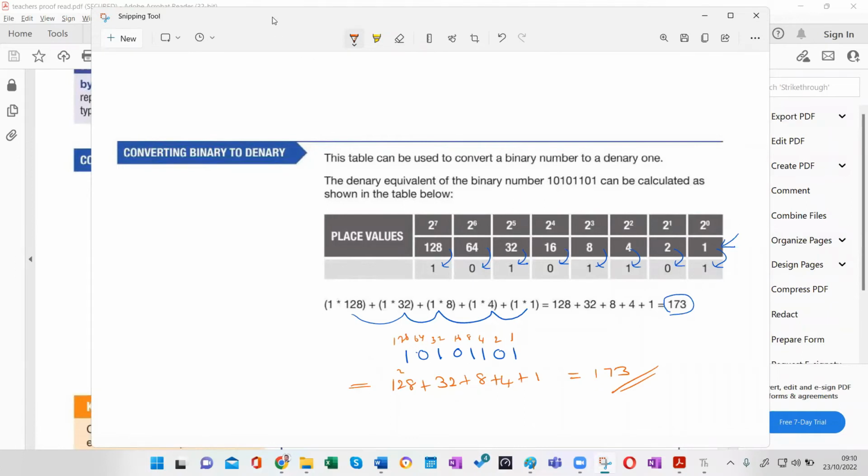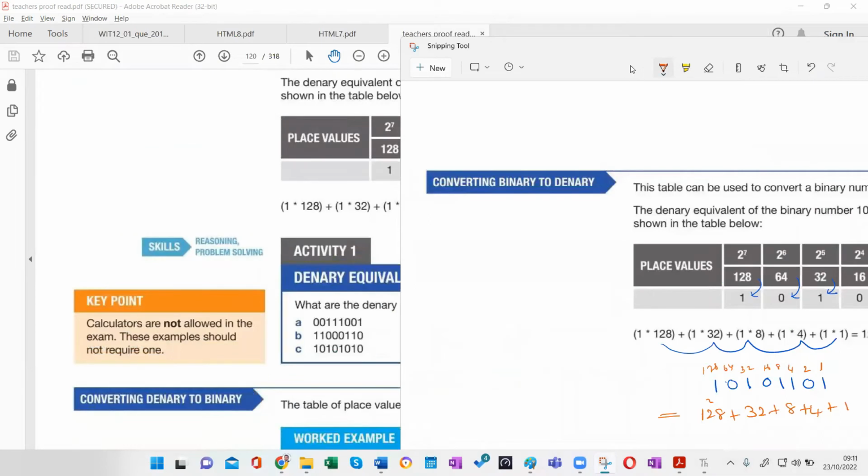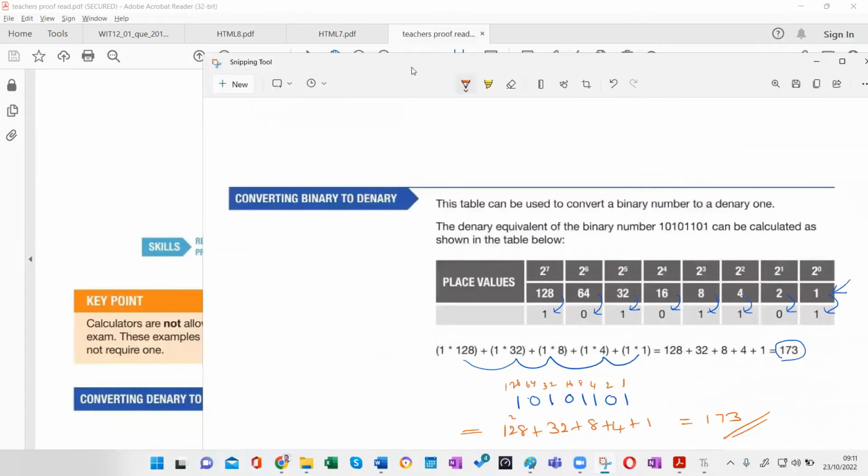Is that clear? All of you? Is that clear? Is that clear? Yes, sir. Chamatka?